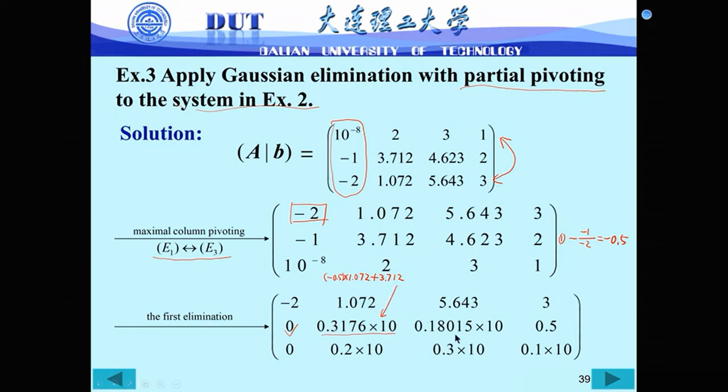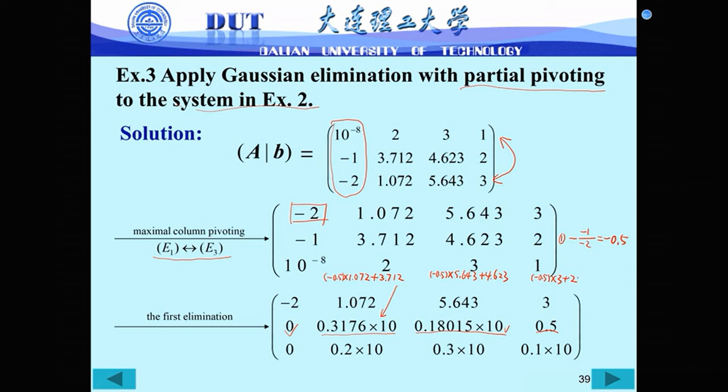And this number is obtained by using minus 0.5 multiply 5.643 and plus 2, which gives 4.623. Then you will obtain this number. Please check.